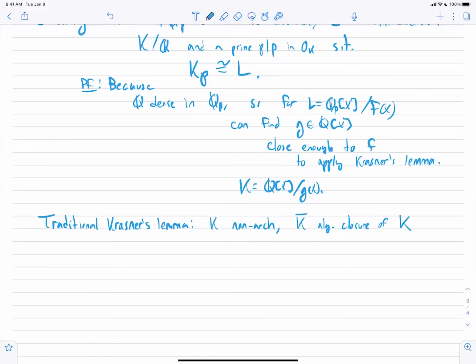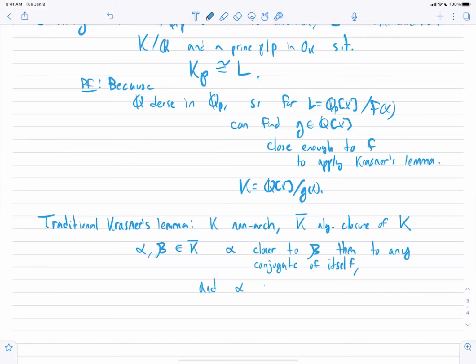Then I have alpha and beta in K bar, and alpha is closer to beta than to any conjugate of alpha, that is, to any sigma of alpha, or any other root of its minimal polynomial over K. So alpha is closer to this number beta than it is to any other root of its minimal polynomial over K. And I should require alpha is separable over K(beta).